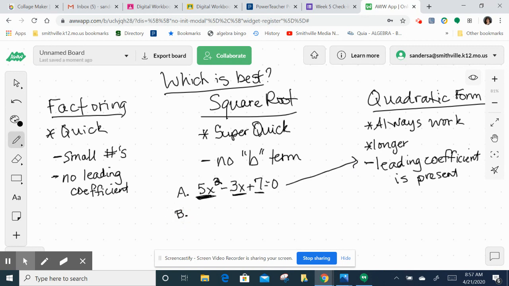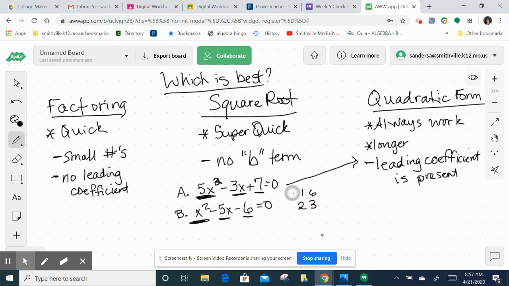If I saw a problem like B, x squared minus 5x minus 6 is equal to 0, I first notice all three terms are present, so square root is out. However, I don't have a leading coefficient, and so this is one that actually could be factoring or quadratic formula. But because the numbers are pretty small, I'm going to at least attempt factoring really quick. 6, I could break into 1 and 6 or 2 and 3.